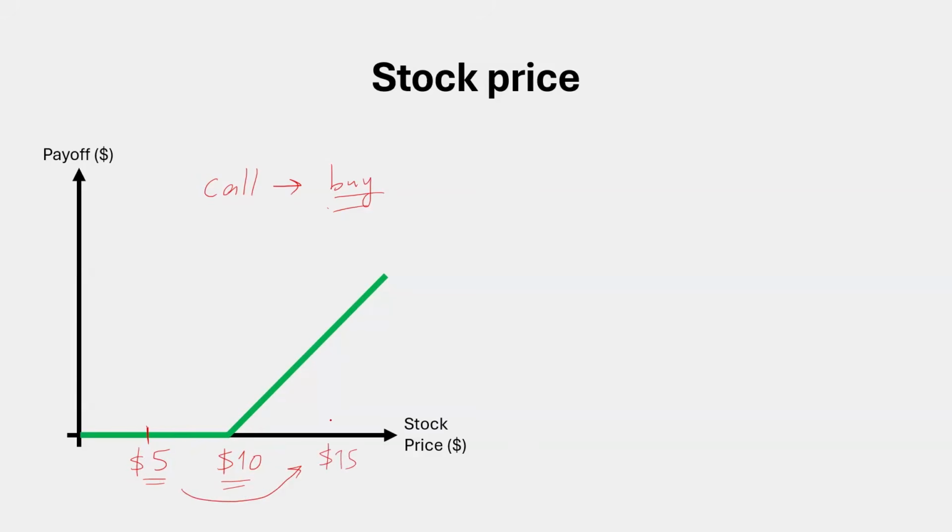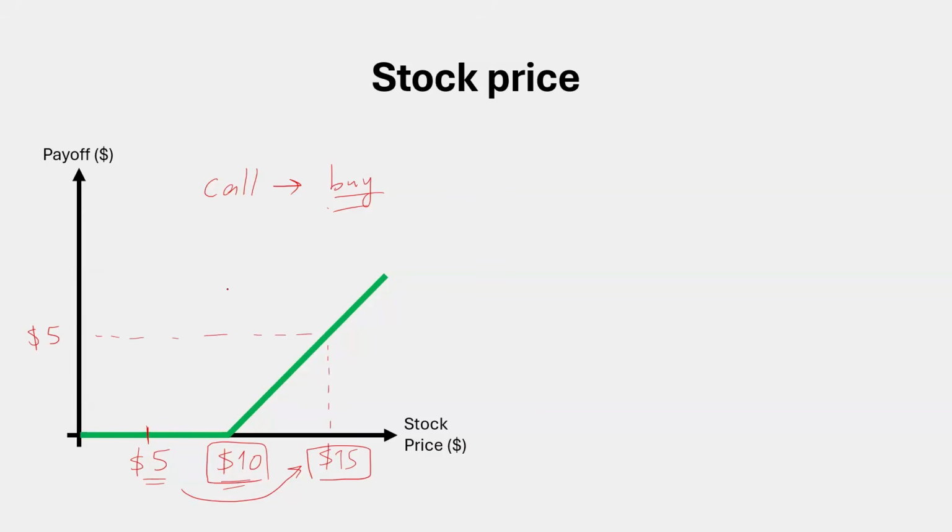Now this contract becomes in the money. If I could exercise it now, it has a net payoff of $5, because I can buy the shares at the exercise price, which is 10, and sell them in the market for 15, yielding a payoff of $5.